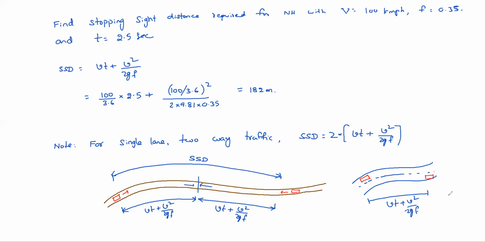Next, note down. Find SSD for single lane two-way traffic for the following data.